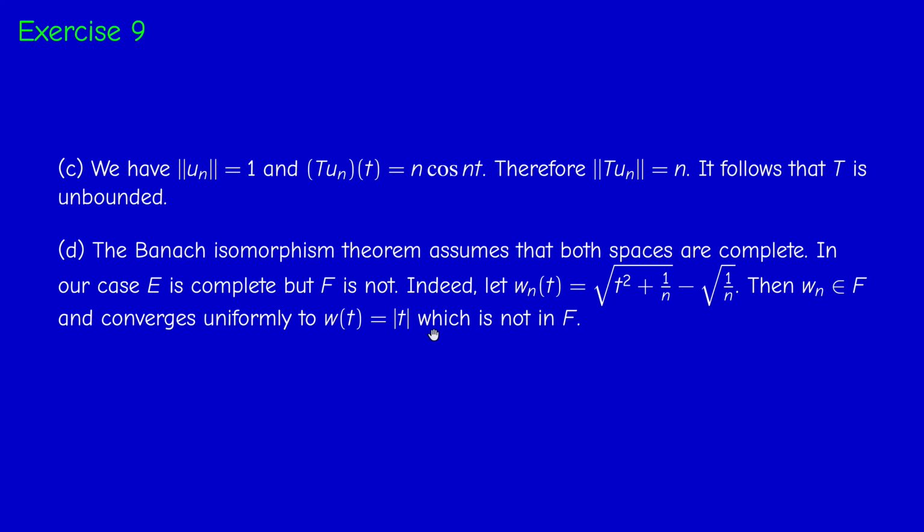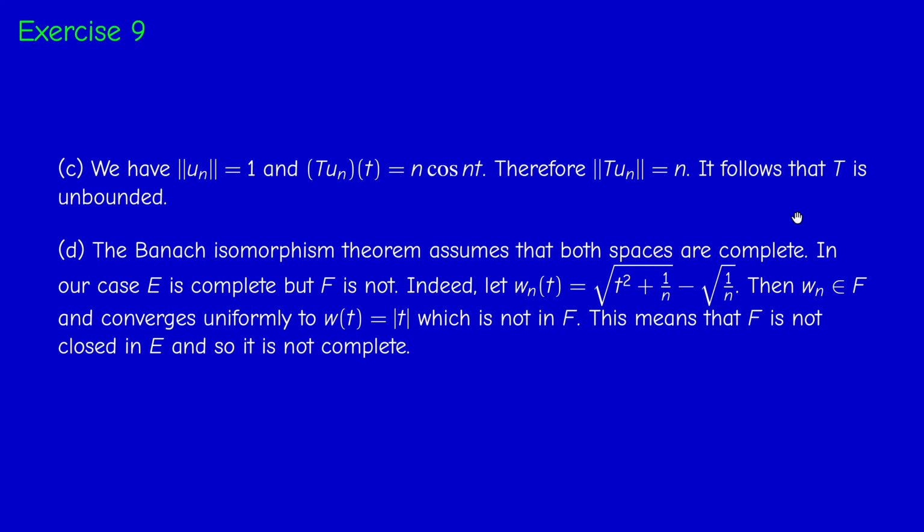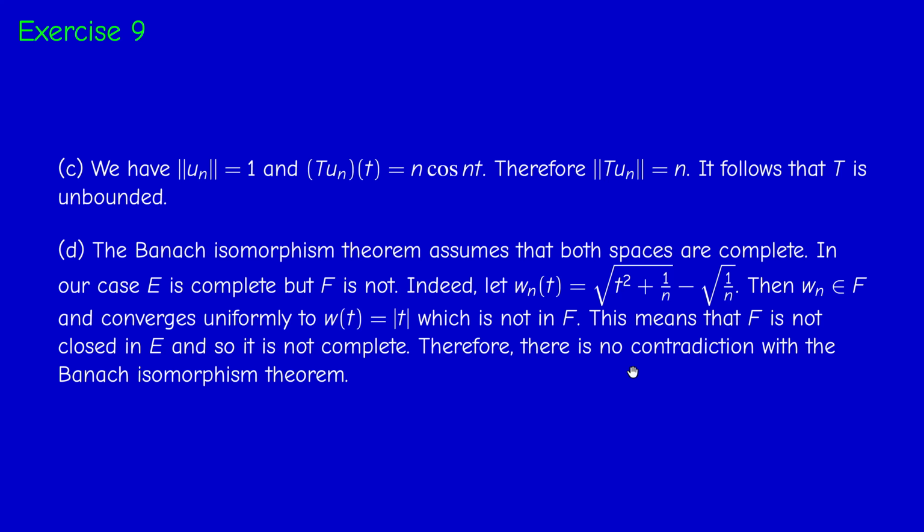You write the absolute value of w_n of t minus absolute t, then you multiply by conjugate expressions and so on. Now the limit is not differentiable, so it's not in F. So F is not closed, and therefore cannot be complete. In principle, you encounter such things in second year.